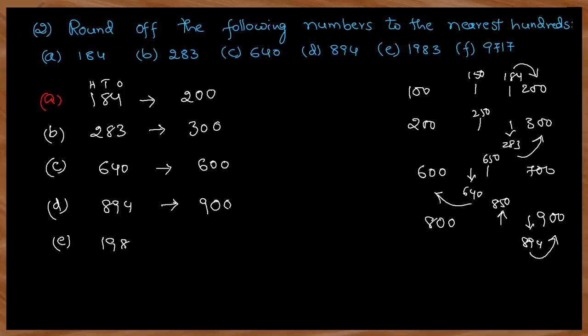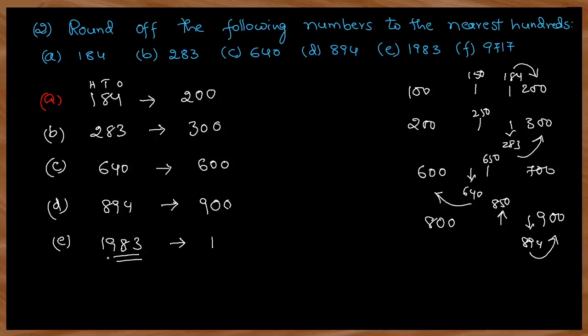1983. Here it is asking only nearest hundreds. Keep the thousands place as it is and take up to the hundreds place. But one more thing you have to remember, that 983 goes to the next thousand value.